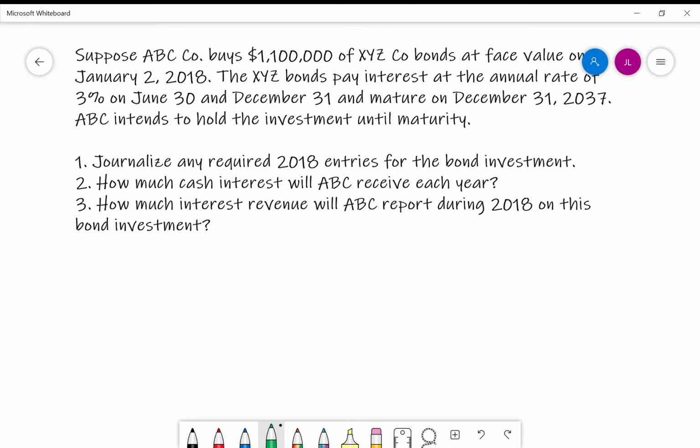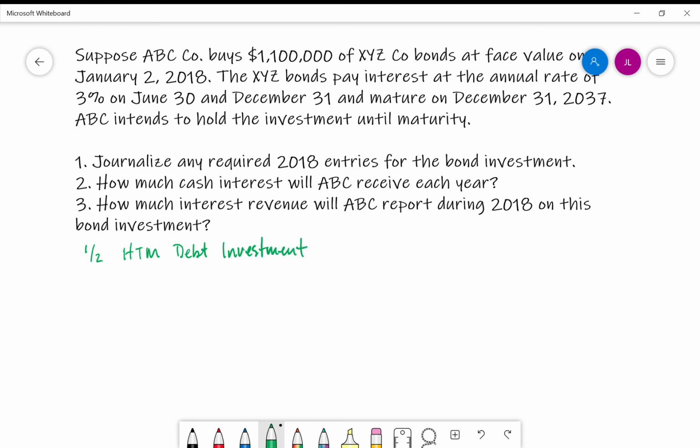So in this case, it tells us right here we're going to hold this until maturity. So basically, we know this is a held to maturity investment, and the fact that it's a bond tells us that it's a debt investment. They bought this on January 2nd, so on January 2nd we're going to debit our held to maturity debt investment.